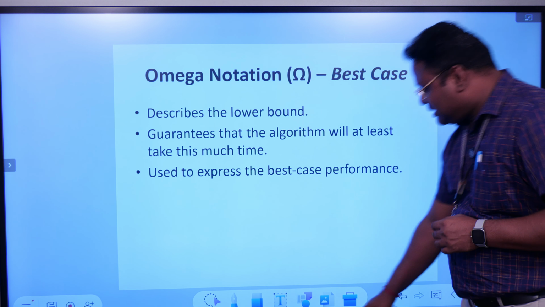The third one is theta notation. It's a tight bound. How do we find the tight bound? Based on the median of the values you have taken, and finding the answer for the median is called theta notation. It describes the exact bound of the algorithm, meaning the time taken in both the upper bound and the lower bound, that is both big O and omega. It is ideal when best and worst case are the same value.